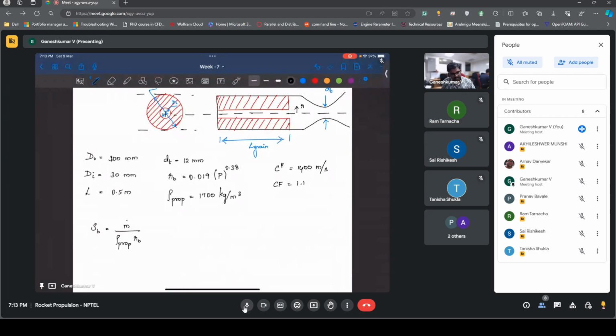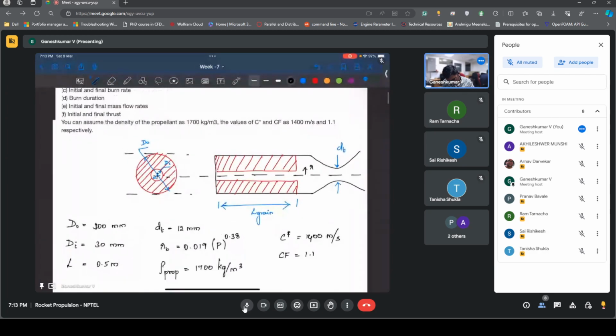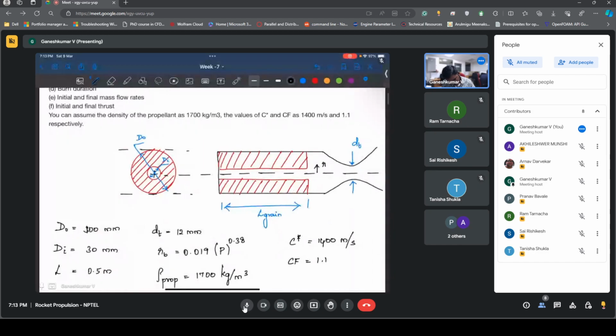Yeah, exactly. So basically, what you see here is the grain, and it is radially burning. Initially the burning surface is going to be the initial surface area of the grain, basically this round. So based on this you can find the initial burning surface area.